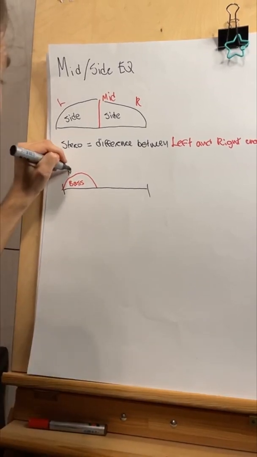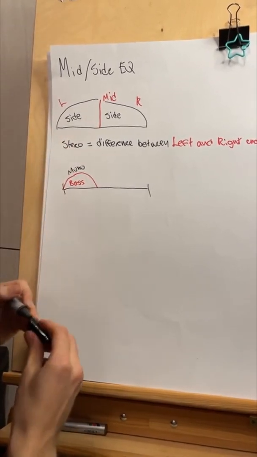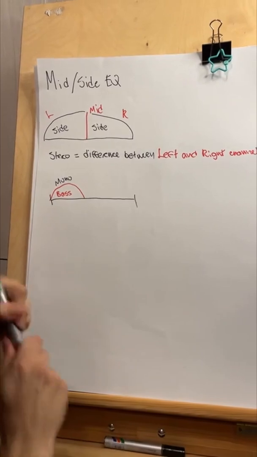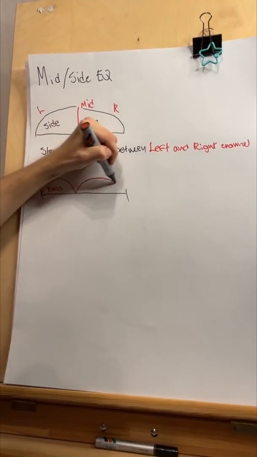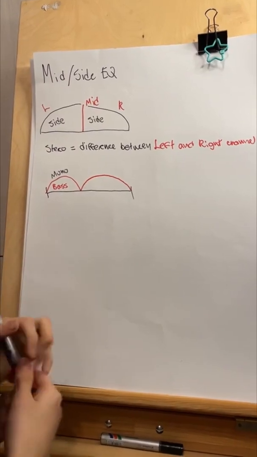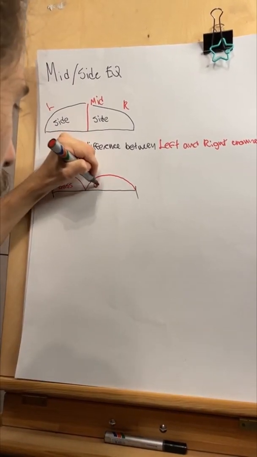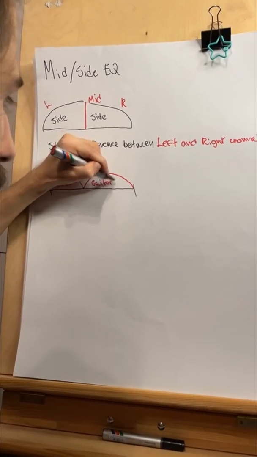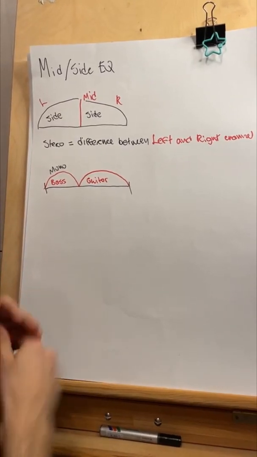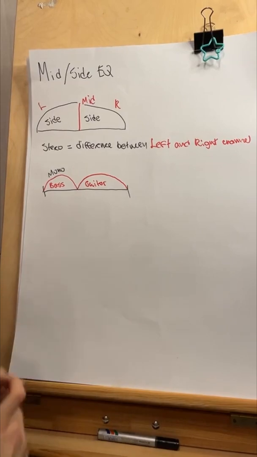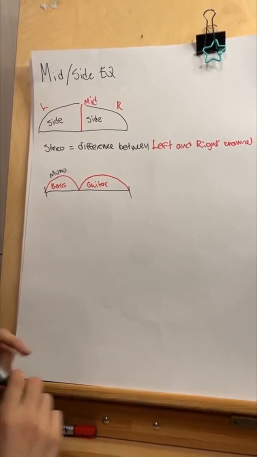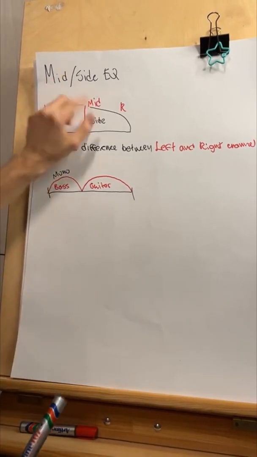It's in mono. And maybe we also have some information here. Let's say that this is going to be our guitar. And if we want to make our guitar wider, what we could do is use Mid-Side EQ.